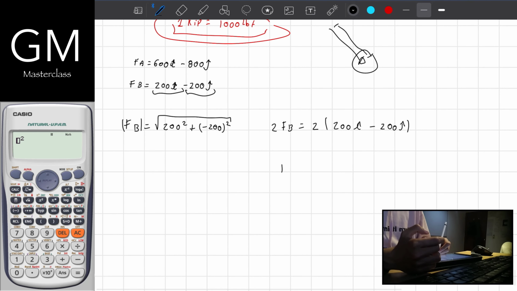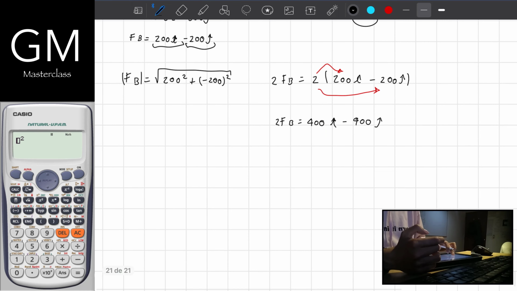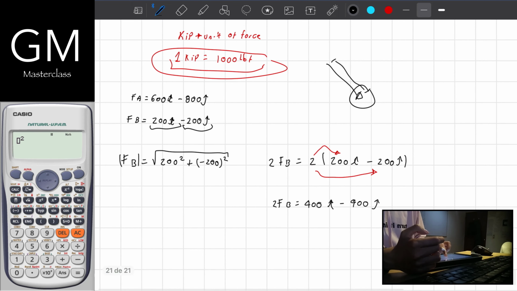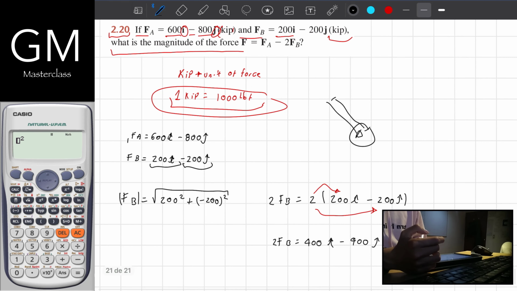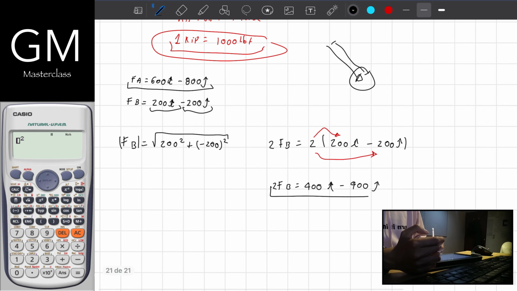So 2FB is equal to 2 times 200 in the I direction, which is 400 in the I direction, minus 2 times 200 in the J direction, so minus 400 in the J direction. And that would be all. Now we have FA and 2 times FB.